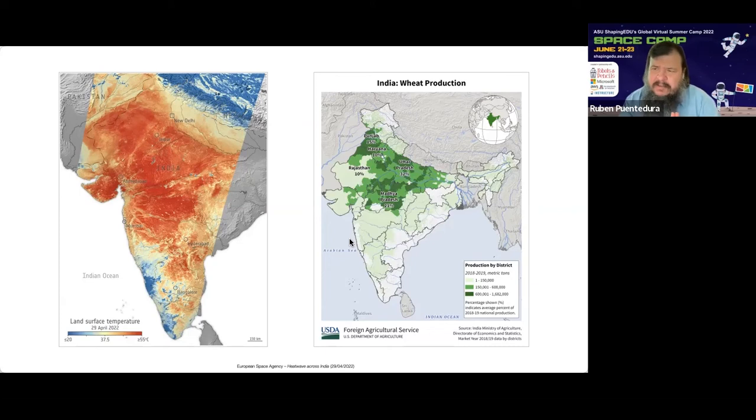Now, if you look at what's happened so far, it doesn't look like India is going to get into internal food safety, but some of the production in some of the smaller wheat producing regions may be so impacted that people will move from those regions to other regions. That human movements aspect I mentioned before.